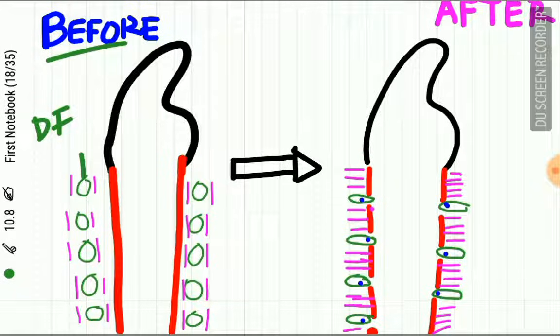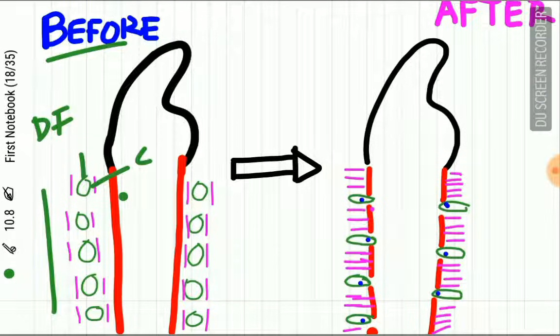These dental follicle proper cells are nearest to the Hertwig's epithelial root sheath and are aligned parallel to it. It is near to the Hertwig's epithelial root sheath, shown by a red line, and they are aligned parallel to it. Also the collagen bundles, which are shown by pink lines, are also aligned parallel to the root sheath.